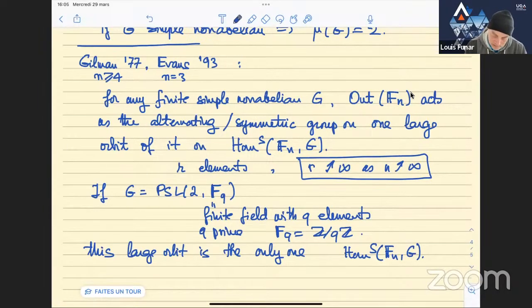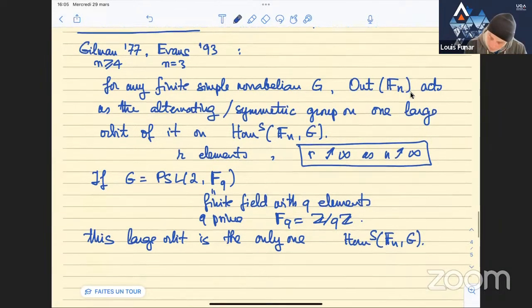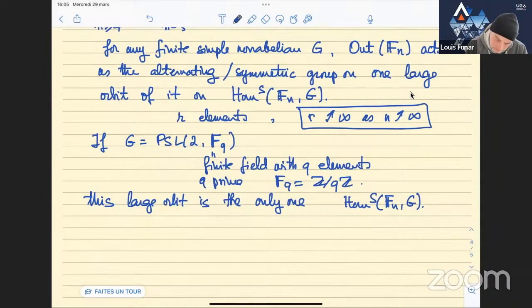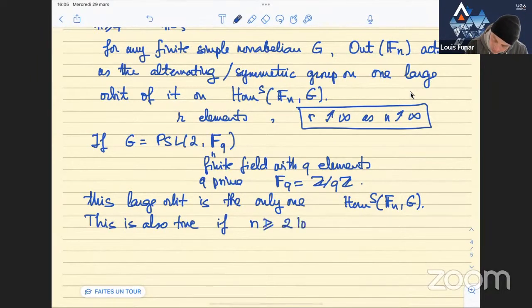So again it mixes a lot, and this is also true, namely only one orbit and so on, if n is bigger than 2 logarithm of the number of elements of G. Of course, it doesn't say anything for small n's, but it's saying that for very big n, in some sense, the conjecture of Wiegold holds.